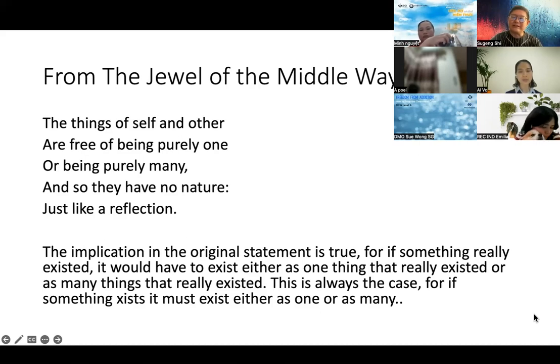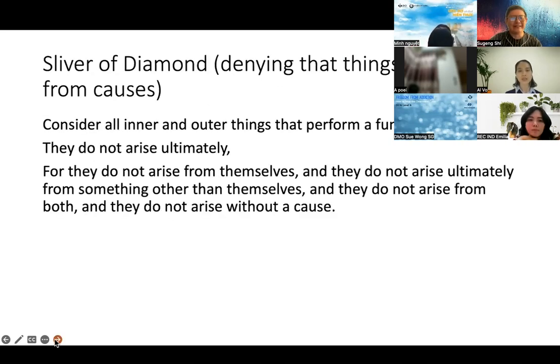And Sugeng cannot exist as many because Sugeng always has to be one; you cannot just take away the head, for example. If you take away the head, Sugeng will not exist anymore. So Sugeng cannot really exist because he cannot exist as one and also cannot exist as many. Bring it to your meditation.